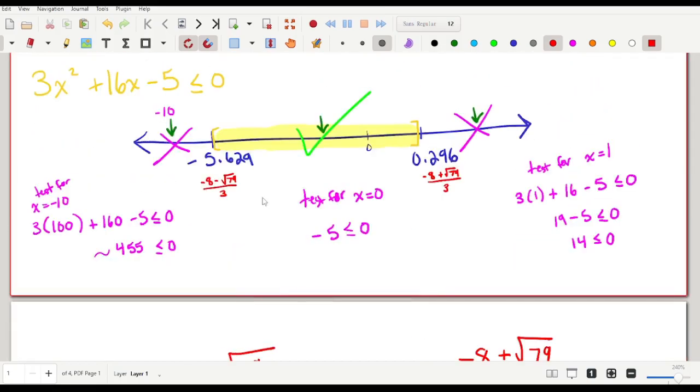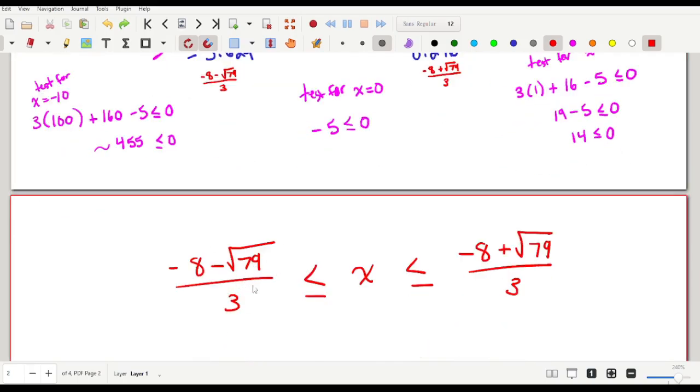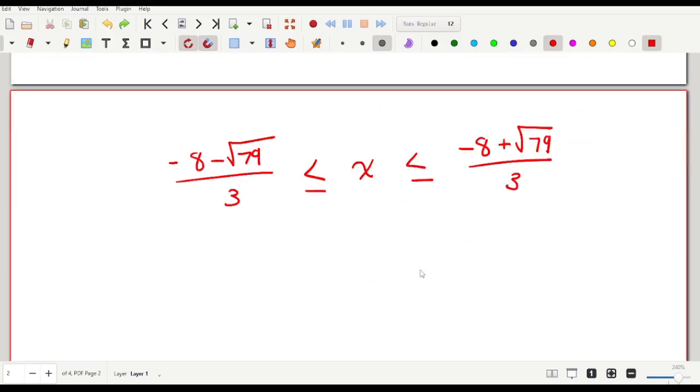If we're looking at our decimals, x has to be greater than the negative decimal value we have here and less than the positive one here. It's in between, but it's probably better to write it in the exact form. That's how I was always taught to do it, but you may not have been. It depends on what class you're in, really, but this is how I like to do it.